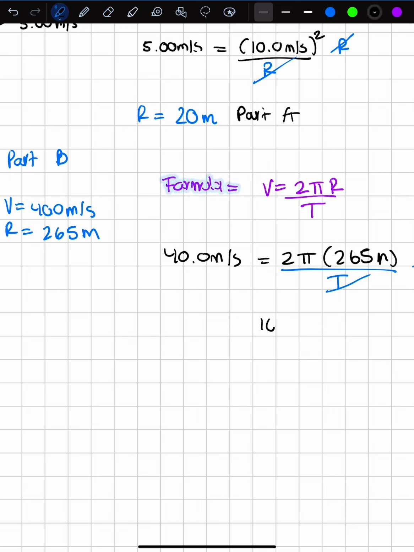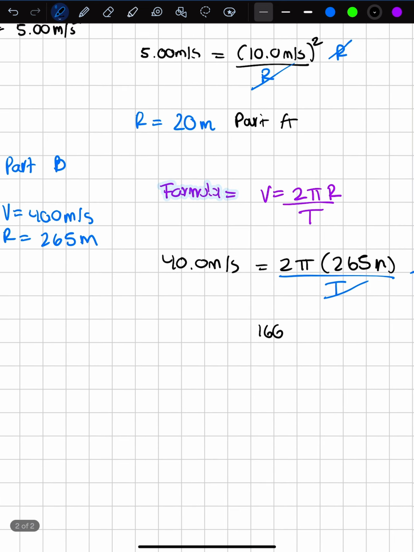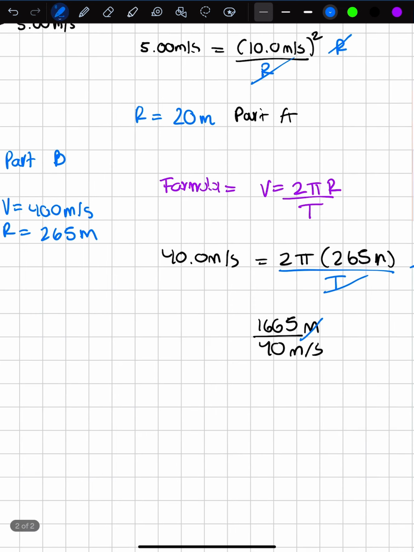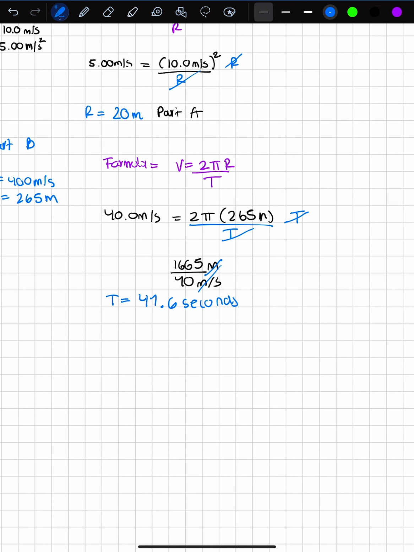We're going to get this, and then we're going to divide that by 40 meters per second. This is meters, so this cancels out. And then we found that for the time, or period of motion, it's going to be 41.6 seconds. So this is part B.